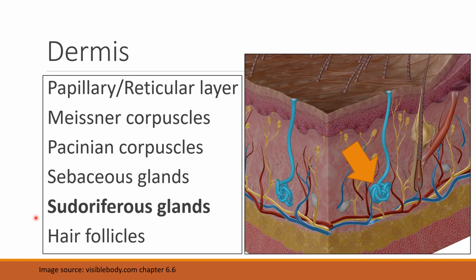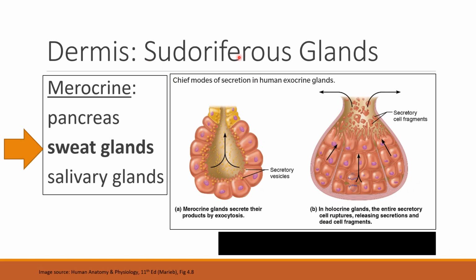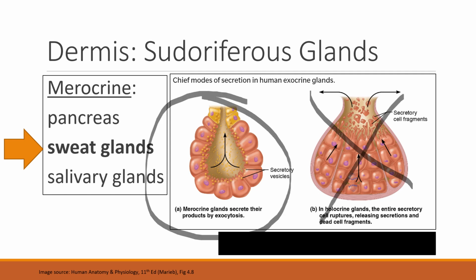The other gland we talk about is sudoriferous glands. And these are these coiled glands down here. You can see how this gland will come up and then exit to the surface of the skin. Remember this diagram from the previous lab? I blocked out this one for the sebaceous gland, right? So these are holocrine glands. Now we're talking about these merocrine glands.